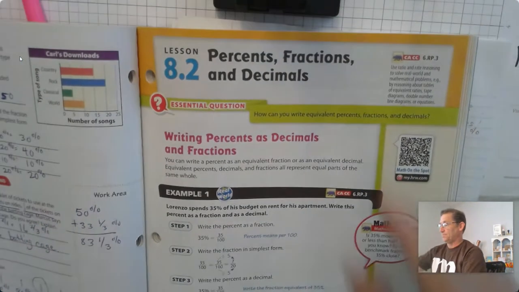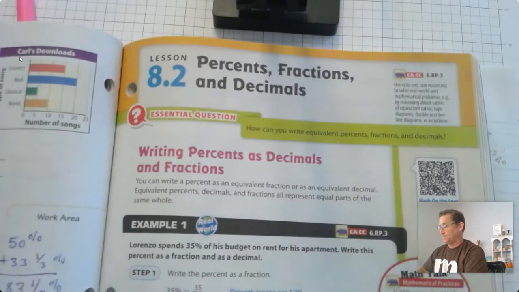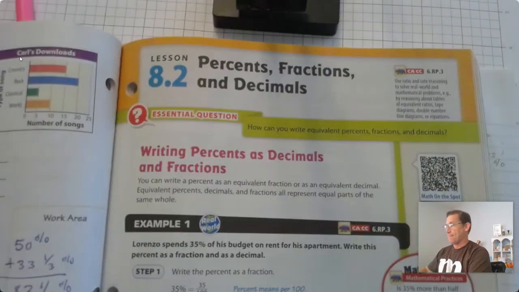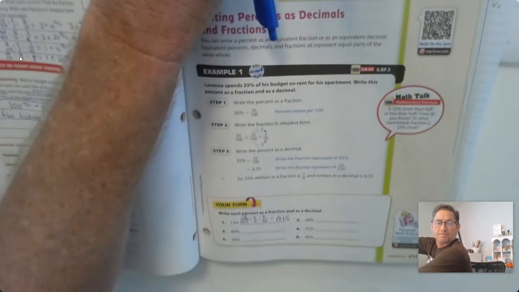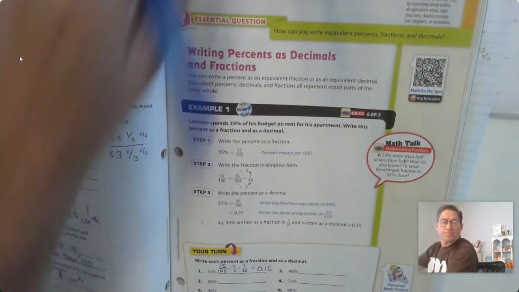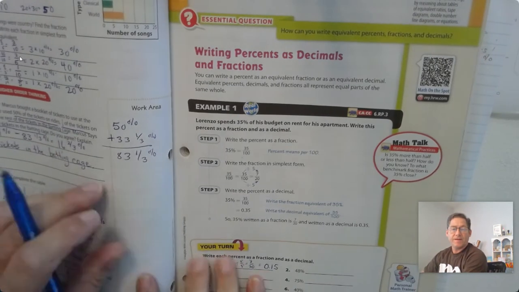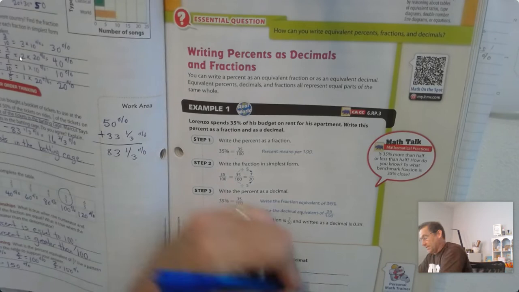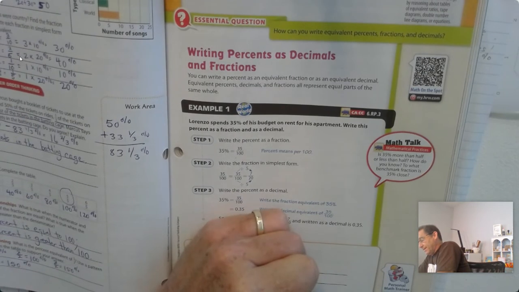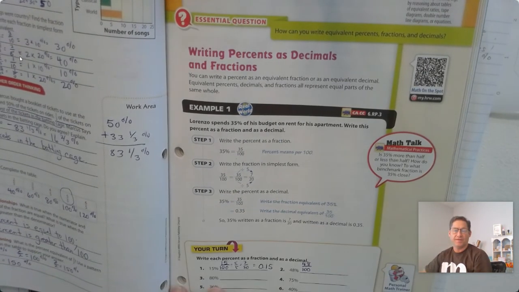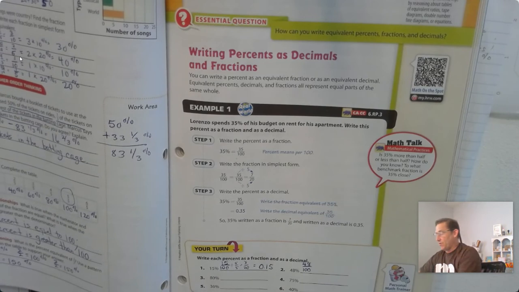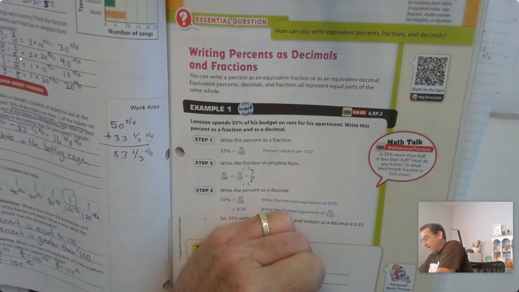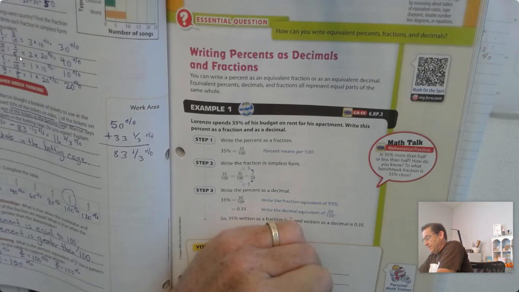All right, number 2 is 48%. As a fraction, it would be 48 over 100. Now I know 4 is a factor of 48 and 100.